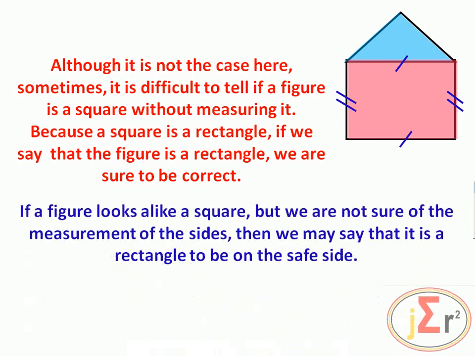If a figure looks like a square, but we are not sure of the measurement of the sides, then we may say that it is a rectangle to be on the safe side, because a square is a rectangle. So if it is a square and we call it a rectangle, we are still right.